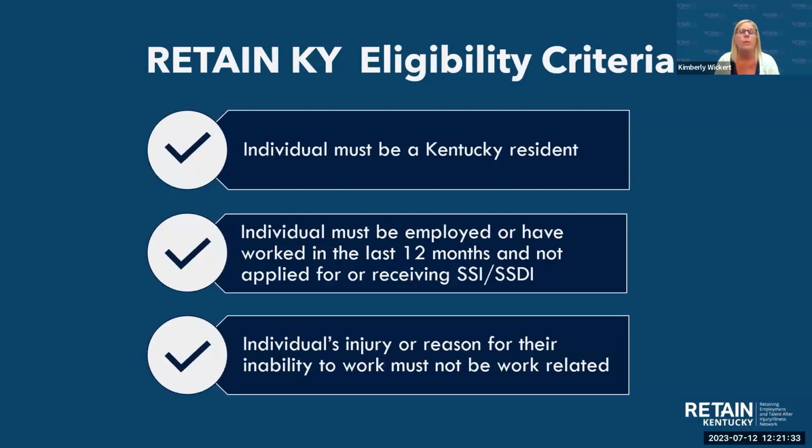The eligibility criteria to be able to help individuals at Retain Kentucky is that they must be a Kentucky resident, they must currently be employed or have worked in the last 12 months, and that they have not applied for or are receiving SSI or SSDI. And then the last criteria is that their injury or illness must not be work-related.